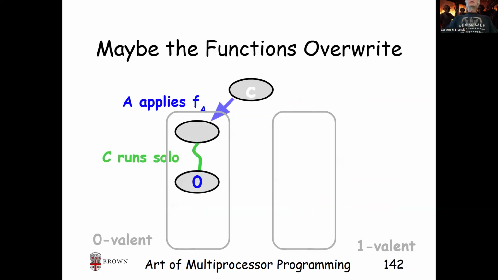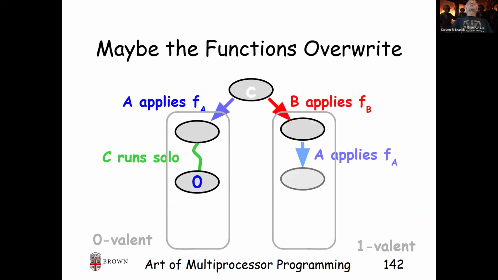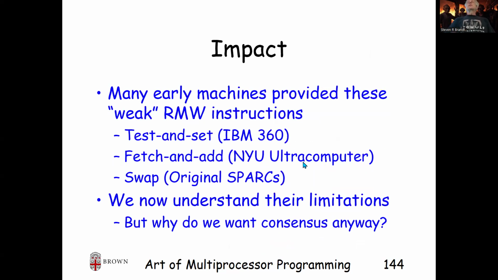Maybe the methods overwrite. So in this case, it's fine, right? I wrote F of A and I get a 0. But in this case, it's not fine because B wrote first, but all I see is what A did. And so C can't tell that B should have won consensus. So if I overwrite or if I commute, then I can only solve consensus 2.